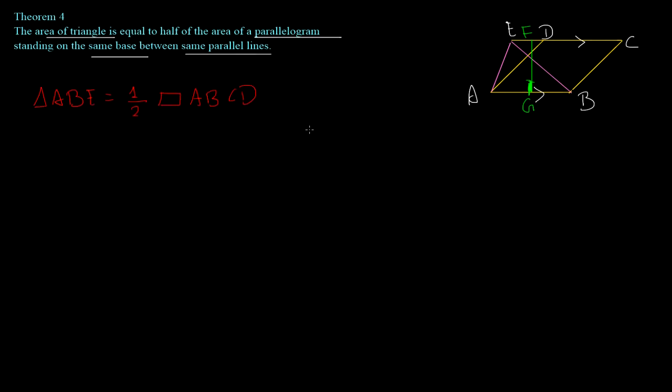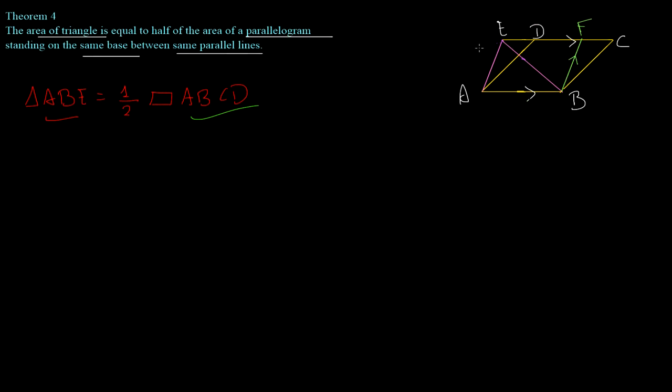Okay, hopefully you have come up with an idea. Let's check it. First, let's see what we need to prove: the area of triangle ABE is equal to half of the area of parallelogram ABCD. Let's draw a construction. BF will be parallel to AE, so we get a parallelogram.